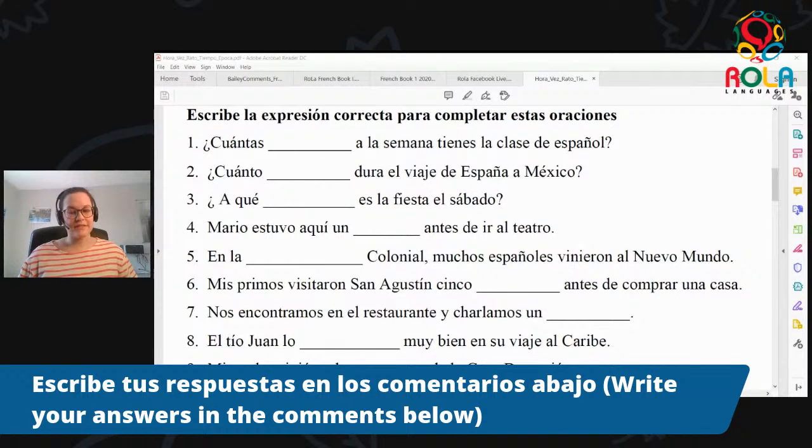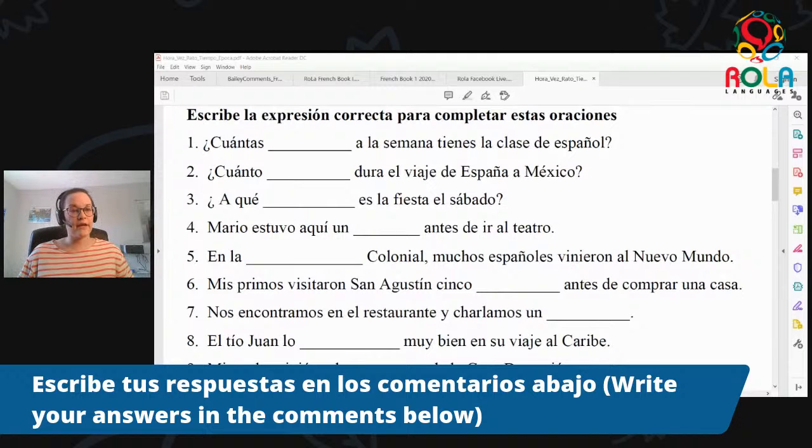Okay, número 5. En la blank colonial, muchos españoles vinieron al Nuevo Mundo. So you think about the mention of something colonial and the mention of Nuevo Mundo.